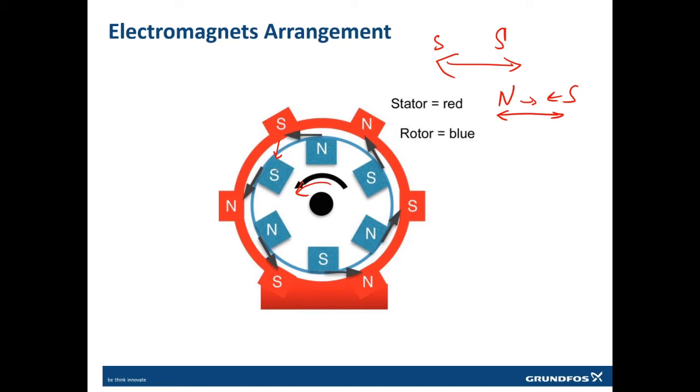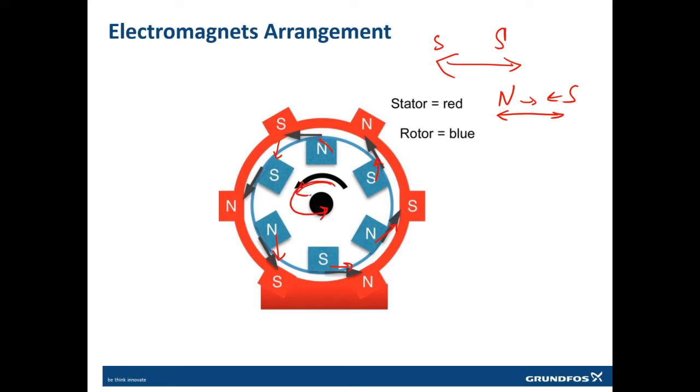So this is pushing this, this is attracting this, and this is pushing this. If you see here, all of them are pushed towards the next one. So this will create a rotational motion.